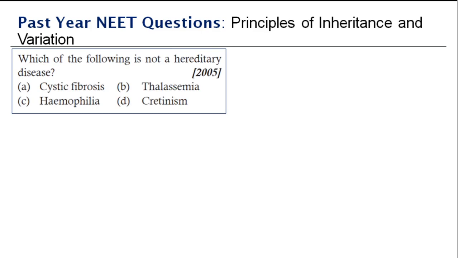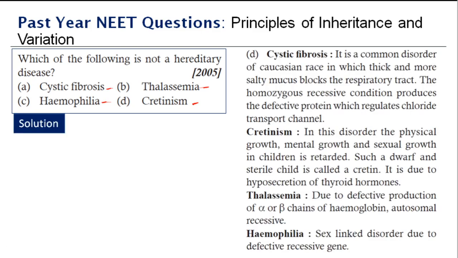Which one of the following is not a hereditary disease? Cystic fibrosis, thalassemia, hemophilia, cretinism. So what is the answer? The answer is D, cretinism, because all others are hereditary diseases. So what is cystic fibrosis?